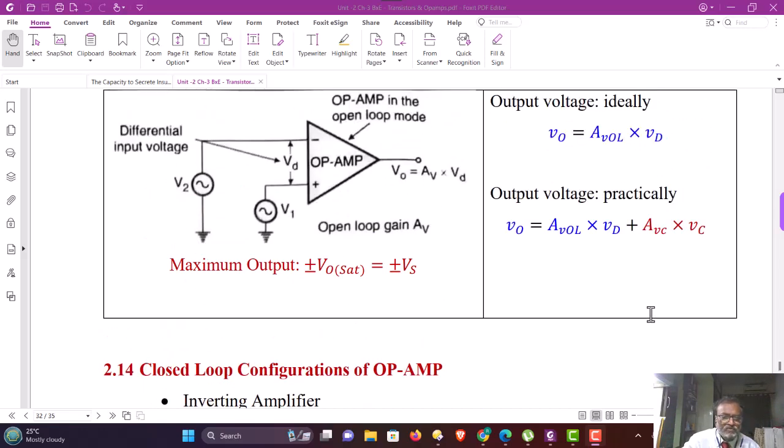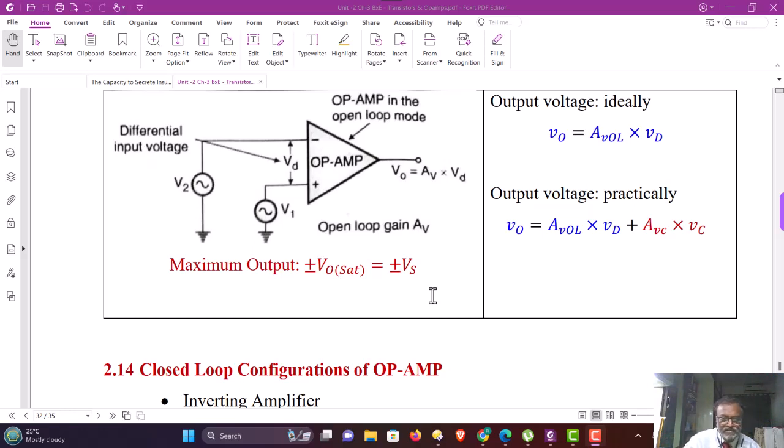The maximum output available from an operational amplifier is limited by the supply voltage. If the supply voltage is plus Vs and minus Vs, then the maximum output voltage, denoted by VO sat plus or VO sat minus, approaches the positive and negative supply voltage respectively.